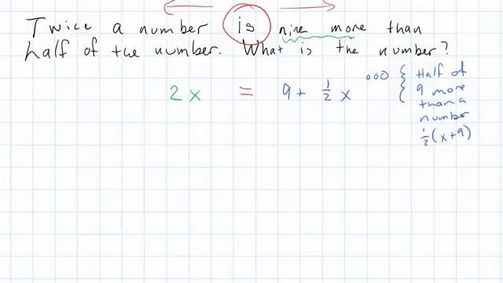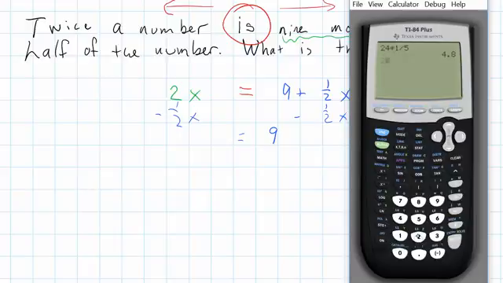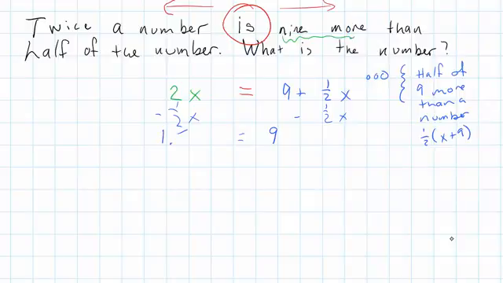Okay, to solve this, first we need to get all the x's on one side. I'm going to subtract half x on the right, because remember, I need to get fewer terms. The only way I can change the number of terms is by adding or subtracting. So here I have 9. Here I have, let's see, 2 minus a half is 1.5. 1.5x equals 9.